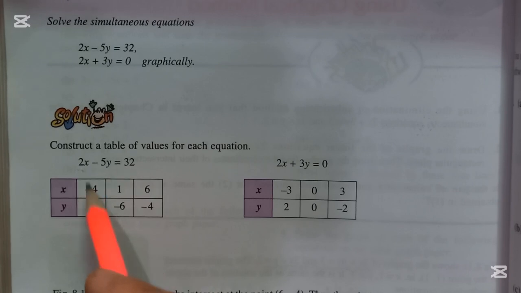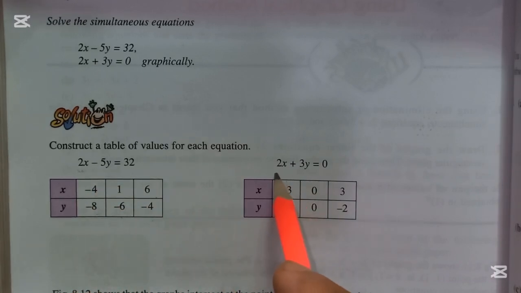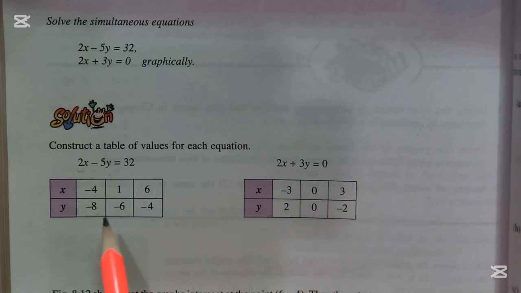So when the x values are -4, 1 and 6, putting one by one these values into the equation will give us the respective values of y. Likewise in the second equation, -3, 0 and 3 are put, so respective values of y are obtained. So now we will plot these points on the sheet of the graph paper.